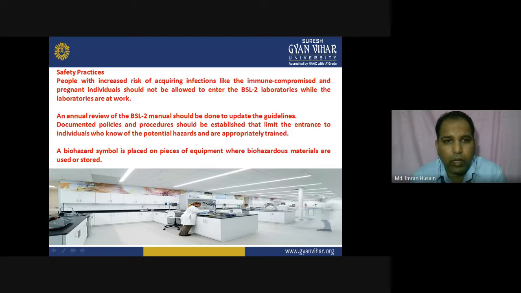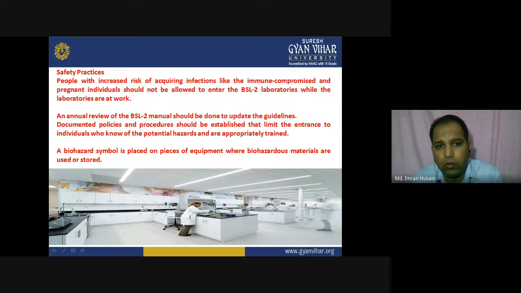Safety practices: people with increased risk of acquiring infections, like immunocompromised and pregnant individuals, should not be allowed to enter BSL laboratories. This is the main thing you must understand while laboratories are at work. These types of individuals are not at all welcome when the experimentation procedures are going on.